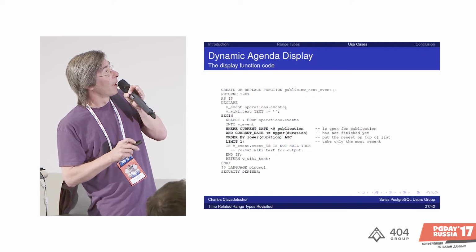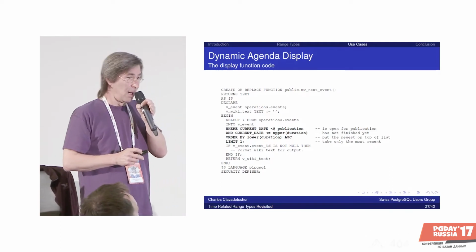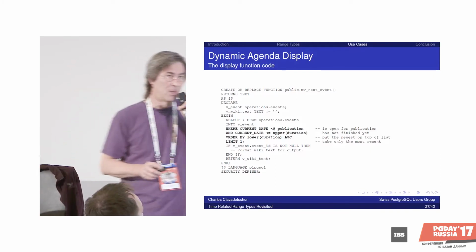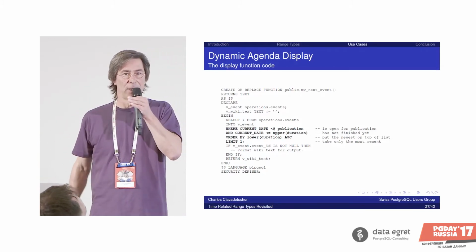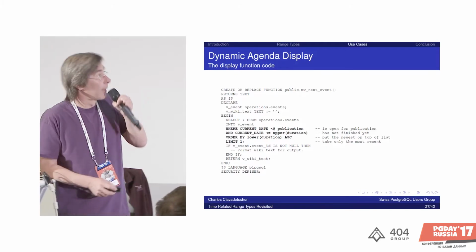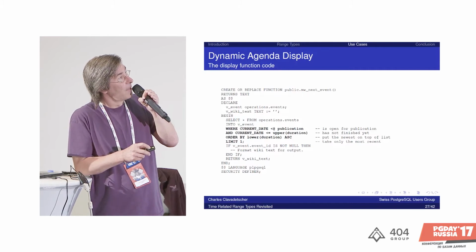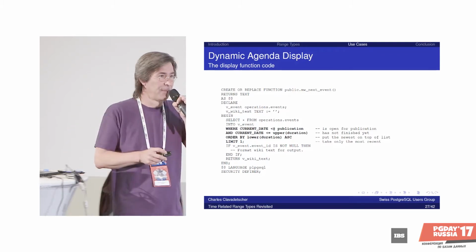Now, this is where the whole magic happens. As a matter of fact, this function here does nothing else than create a wiki markup, which is going to be put in the page dynamically, right? Okay, you see, I select from events, and I say, take all those that are open for publication, right?